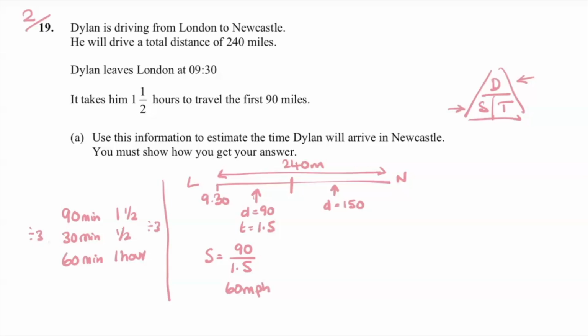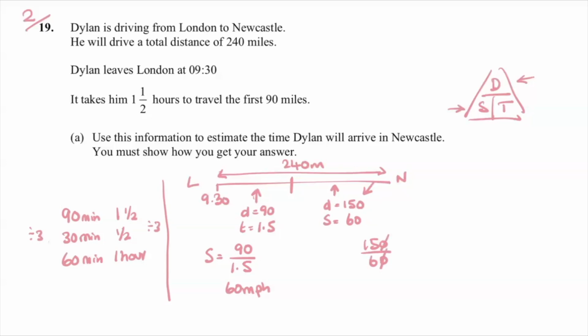Now, we are assuming he's driving at the same speed throughout his entire journey. Now we know that the speed is 60. I can work out the time it's going to take to travel that distance of 150. So we've got 150 over 60, distance over speed.